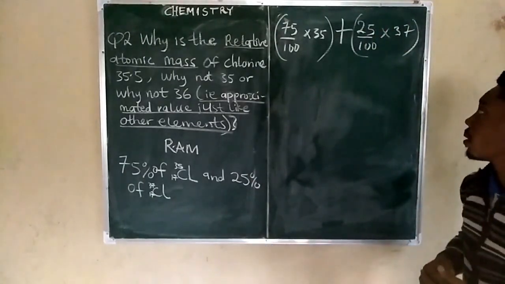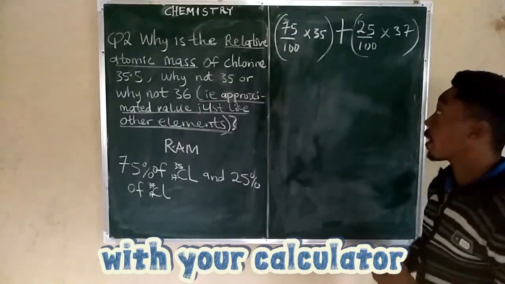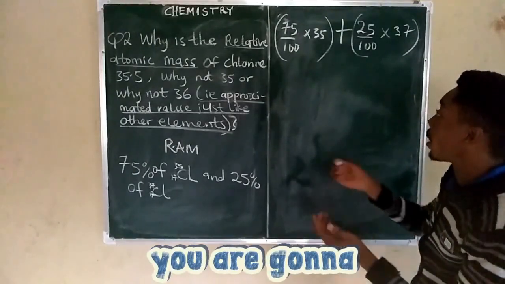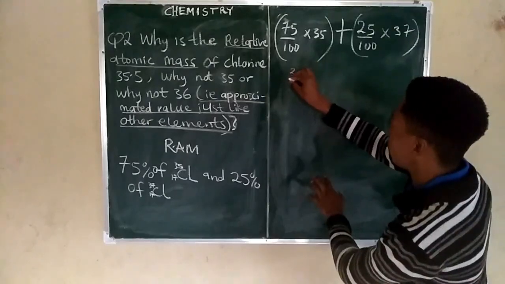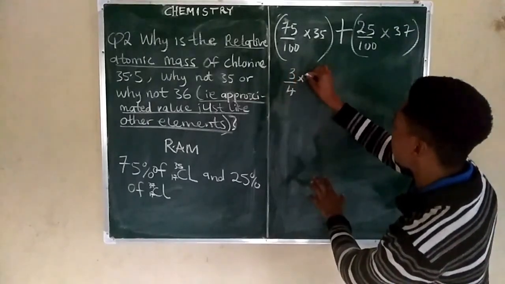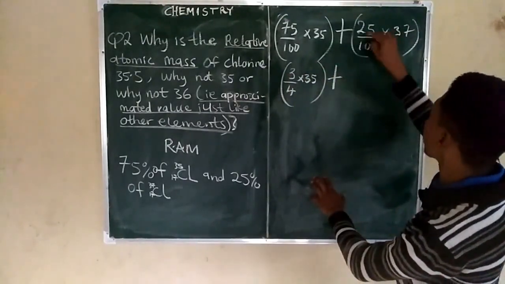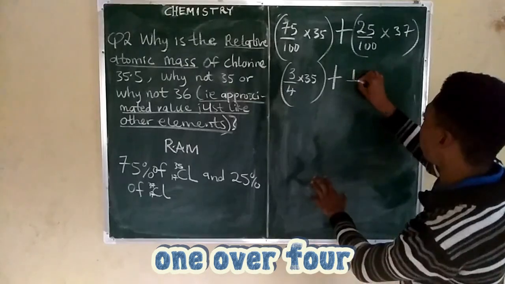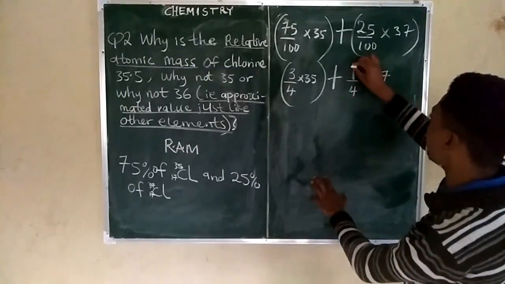Putting that together with your calculator, you are going to have 25 goes here, 1 over 4 times 37.